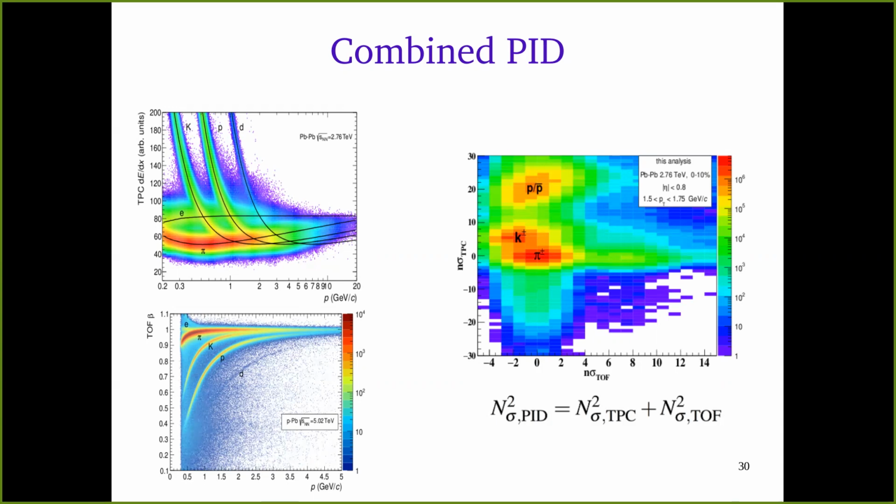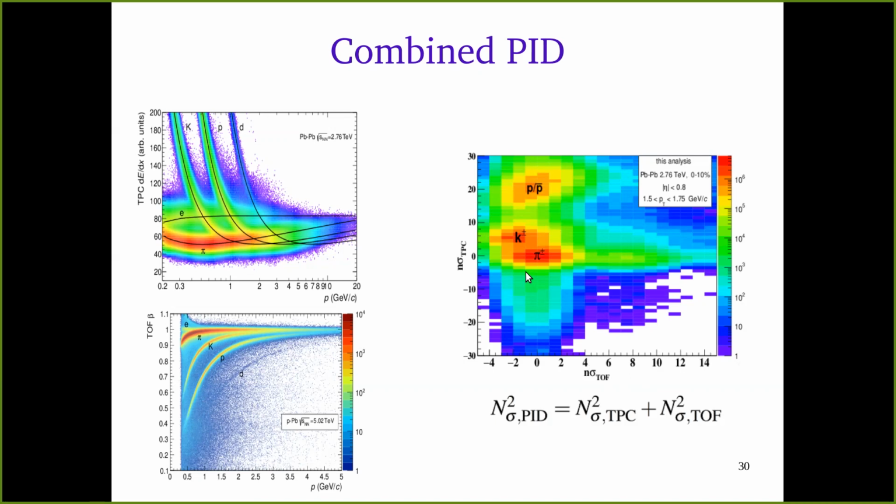When you use the information from both TPC and TOF, you make a two-dimensional histogram, and I presume that by now all of you know what a two-dimensional histogram is. Here I have plotted nSigma TOF on the x-axis and nSigma TPC on the y-axis for the different tracks.